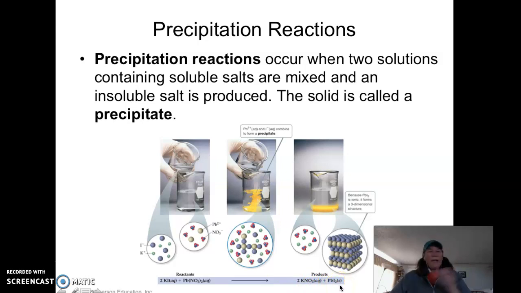I can look at my solubility chart to figure out what that is. It says nitrates are soluble, so it's not this one. It says iodides are soluble except for silver, mercury, whatever, and one of them is lead. So this yellow stuff is lead iodide. It forms a precipitate. So you can use this chart, like I said, it gives you the rules for solubility. You can use the chart to figure out if a double replacement reaction will actually happen.